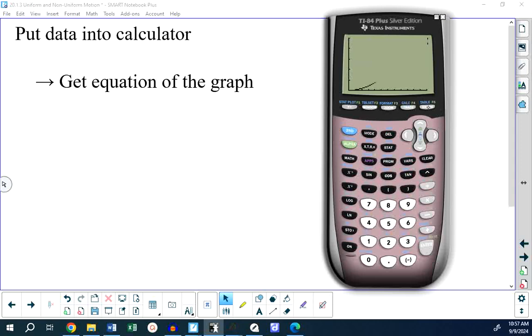Here is what I want you to come into class having done tomorrow, for tomorrow's class. If you turn the page to page 16. Your homework is to take the data in this assigned problem, plot a graph on paper, then enter the data in your calculator, do a quadratic regression, plot that graph, and turn the stat plot off.